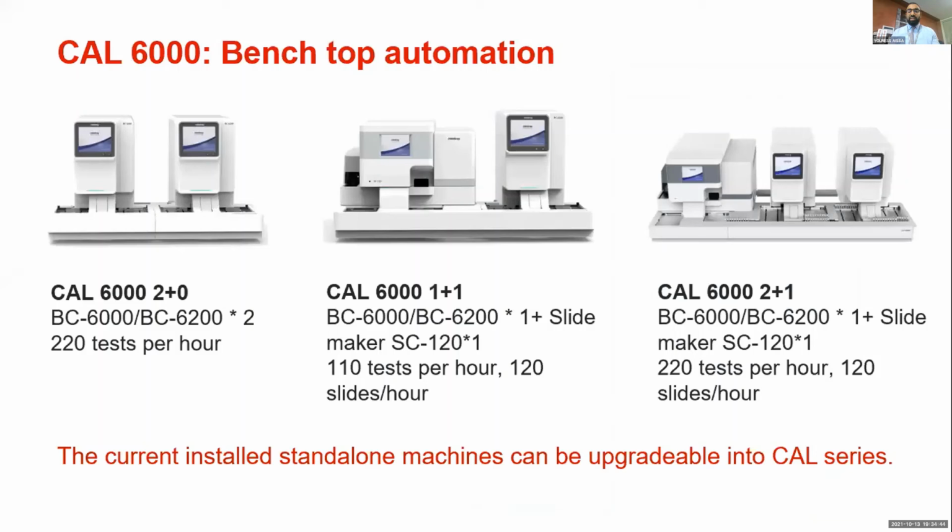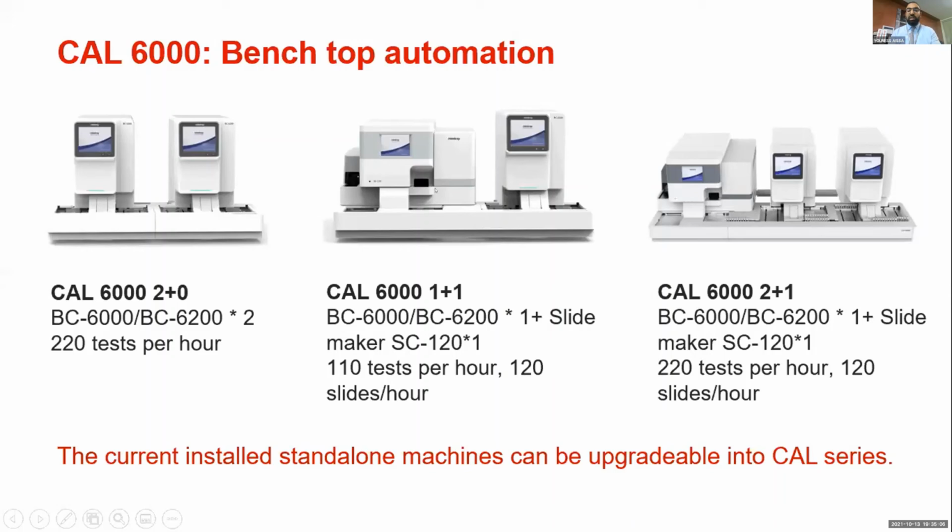Also, with BC 6200, if we have a high workload, we can make an upgrade to 2 machines. For example, 2 BC 6200, and we call this CAL 6000, a benchtop automation. Or we can add a slide maker for 1 machine, and we call this CAL 6000 also.